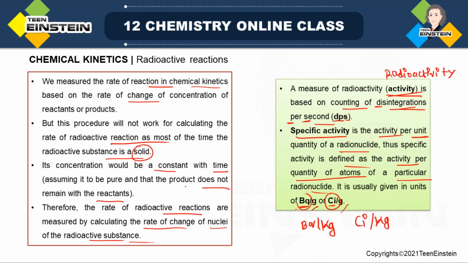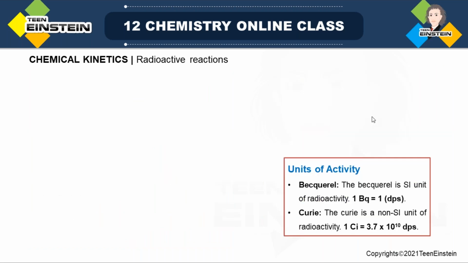Now we will see the relationship of Bq and Ci, that is curie, with DPS, disintegration per second. All these are basically different names of the units by which we can express radioactivity. Here we have all the units. Becquerel, that is Bq, is the SI unit of radioactivity. And 1 Bq is 1 DPS. So these two are basically the same.